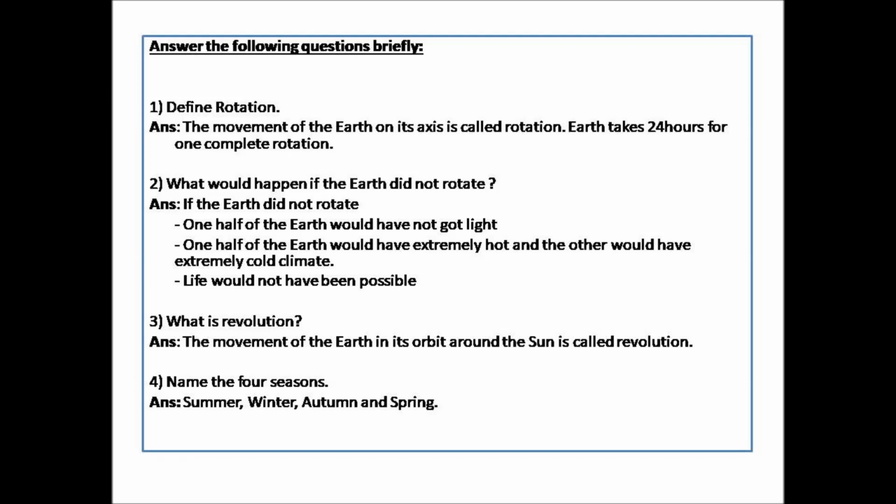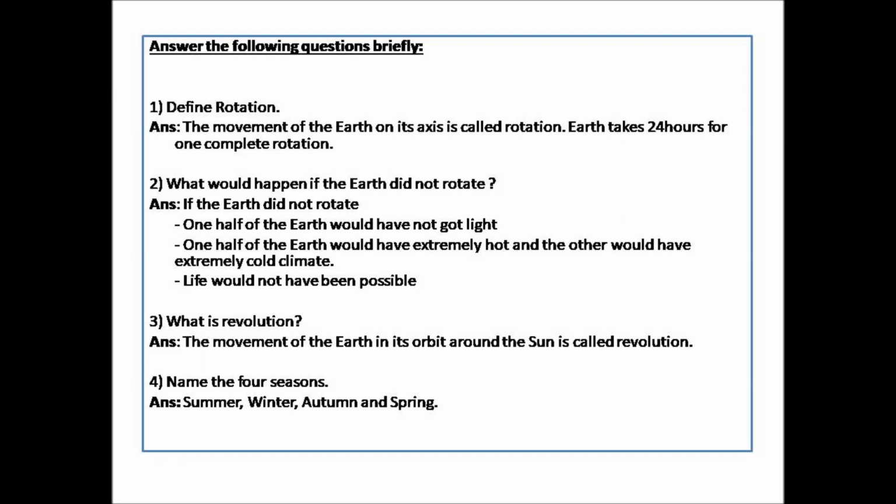First question, define rotation. What is meant by rotation, children? Yes, the movement of the earth on its axis is called rotation. So our earth takes 24 hours for one complete rotation. Second question, what would happen if the earth did not rotate?